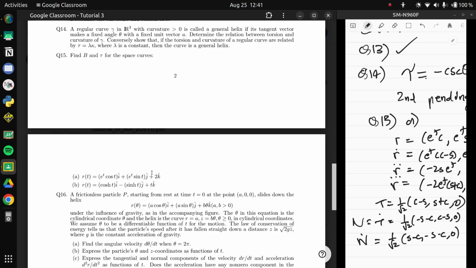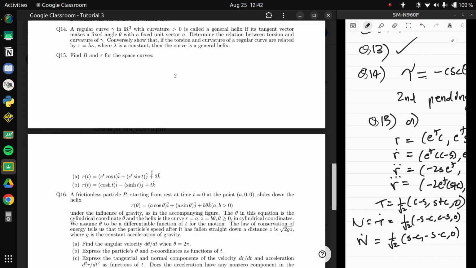Okay, n dot is a unit vector. Your b is, wow, this is not going good. It's supposed to be dn by ds. I'm really losing track of this. Yeah, I really am losing track of all of this.